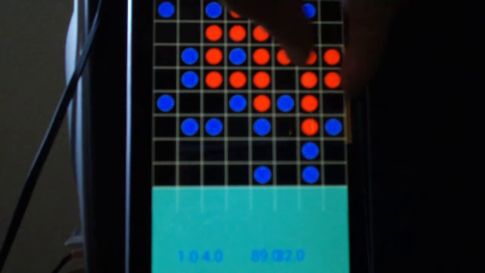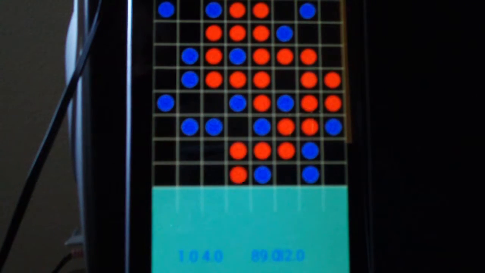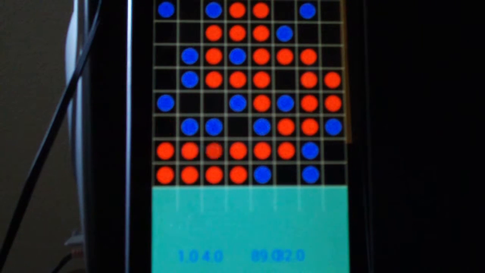I guess probably those two squares there, I think he can fill in. He can go up there, and he can get at least 2 more squares.